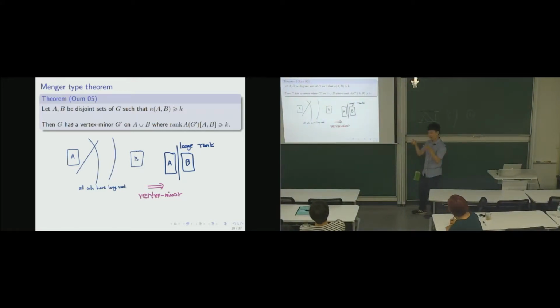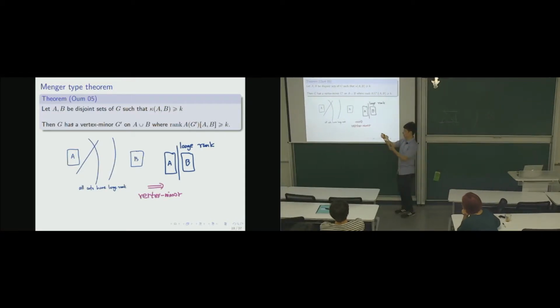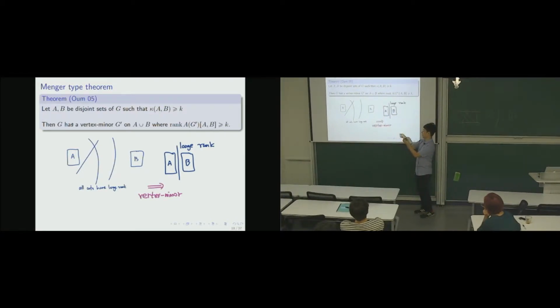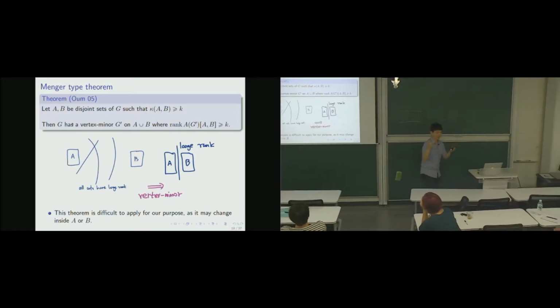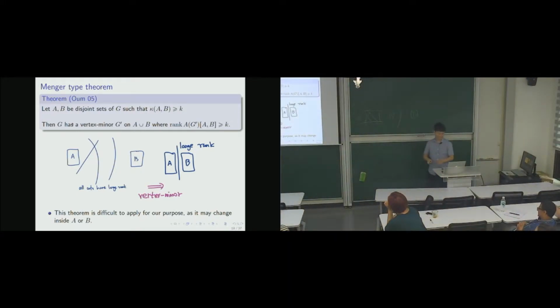It's like Menger's theorem, where if you have many disjoint paths, then you can contract everything else. So you essentially have two sets with a matching. But this theorem is very difficult to apply for our purpose because this vertex-minor doesn't say anything about the inside of A and B. So we might change A or B, but we don't want to do that. We construct something and then we change it, and then it's very difficult to arrange. So we want to prove something more than this.